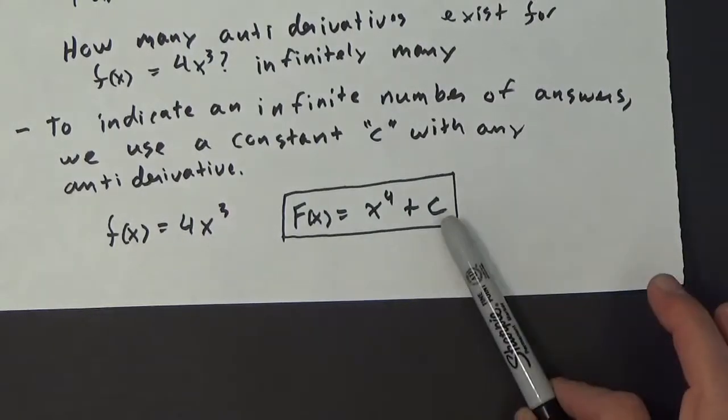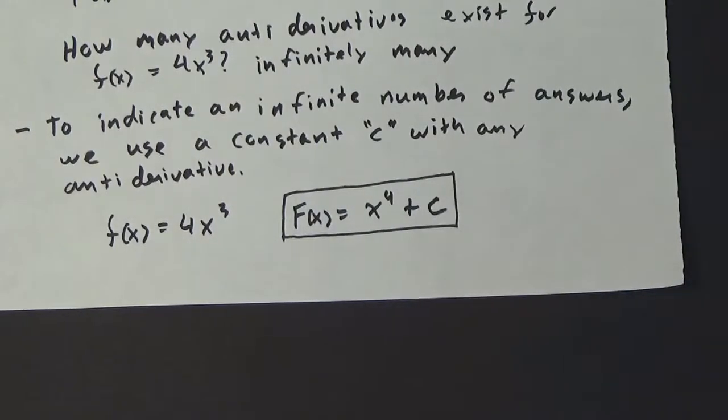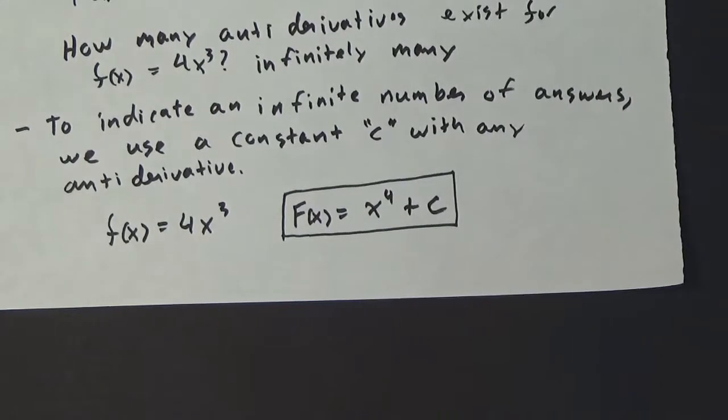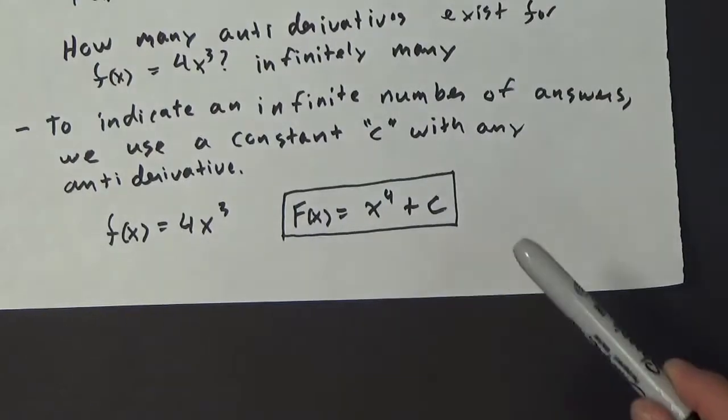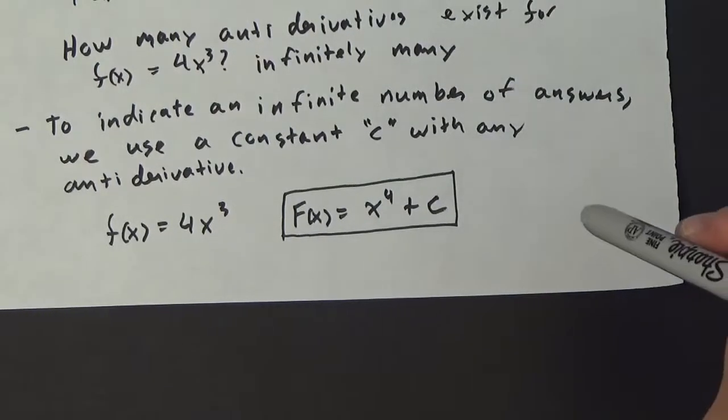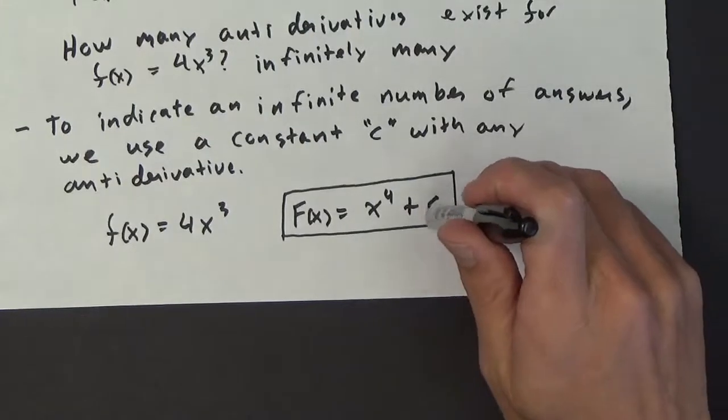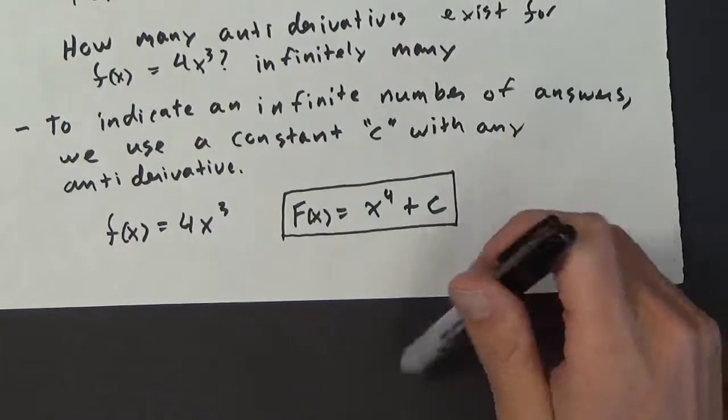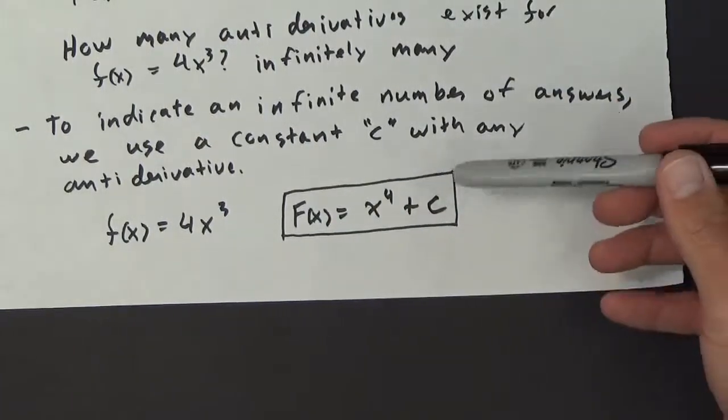I'm warning you because it's frustrating that if on a test I ask you to find, let's say 6 antiderivatives, and you forget to put plus c for every single one of them, next thing you know you've missed 6 points. That should be an easy 6 points. So just make sure you add that plus c in there.